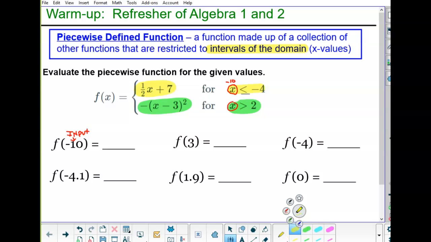So I'm going to have to use the yellow equation. And you could do all of this in your head. But what I need to do is take that equation, 1/2 x plus 7, and evaluate that piece at -10. So then I would do that algebra in my head. Half of -10 is -5. -5 plus 7 is -2.